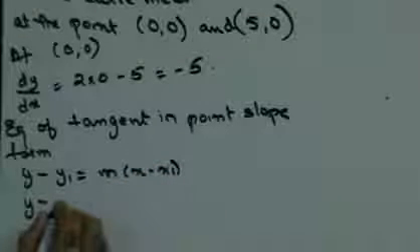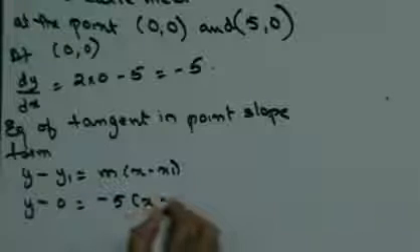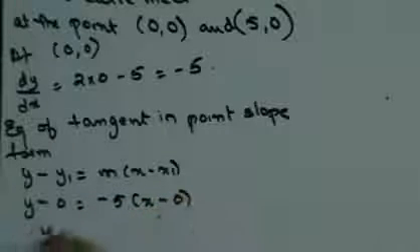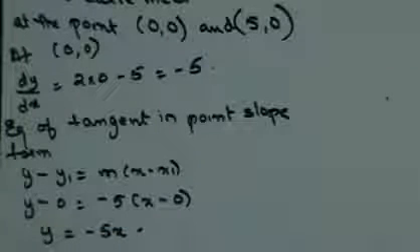So y minus 0 is minus 5 into x minus 0. So y is equal to minus 5x, so 5x plus y is 0. That will be the equation of the tangent at the point 0, 0, right?